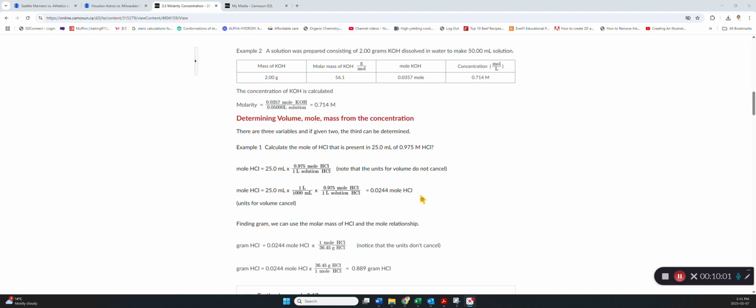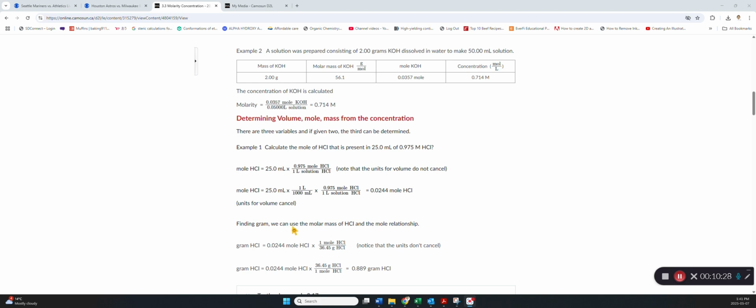Using the triangle is great because you know that you multiply the volume with the concentration. Liters times moles per liter gives you the moles. But you have to remember that by writing this out along this kind of linear path, you know that units have to cancel.